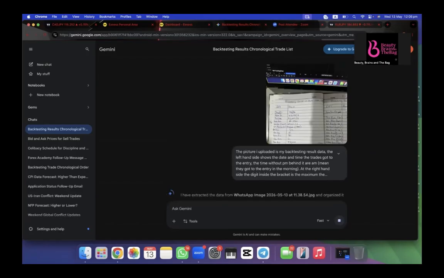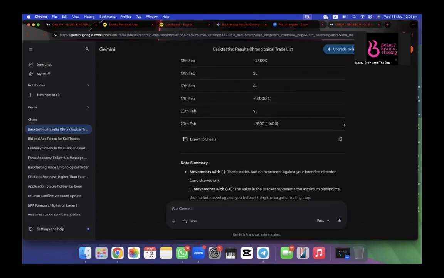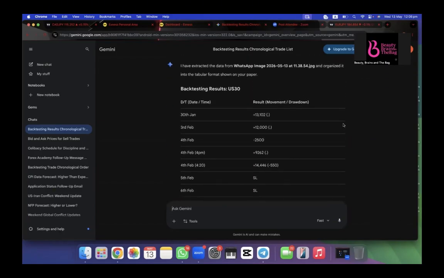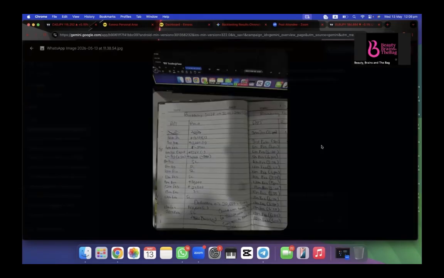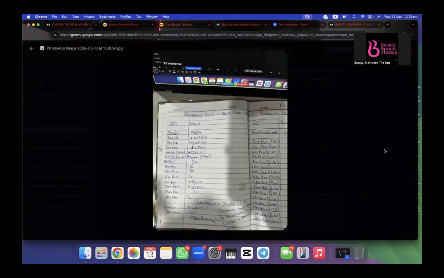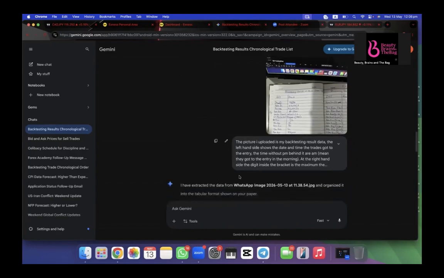I'd have asked it to actually ignore stop loss. This is not what I wanted it to do. I wanted it to do it for, sorry, let me copy this prompt again.